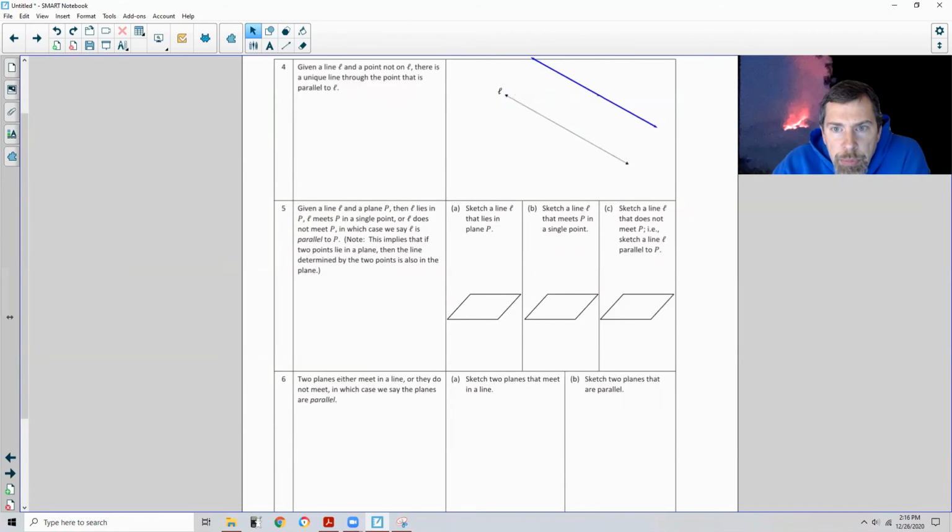And then I'm going to just move it over going through that point like so. Okay, so there is a line parallel to L going through this point right here. That's the only line you can draw that is parallel to L going through that point.